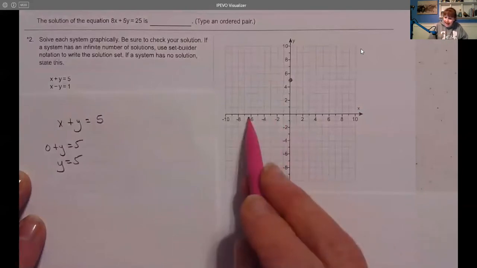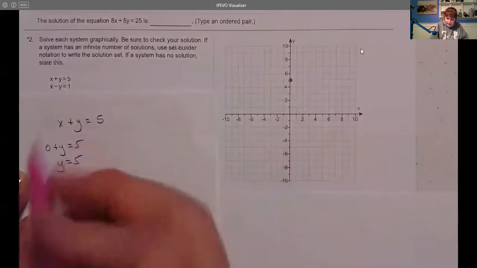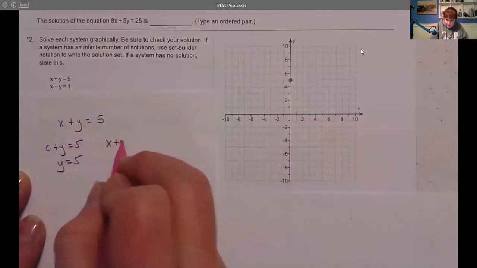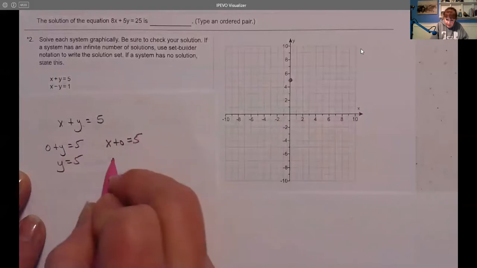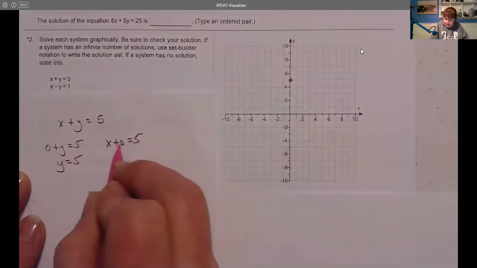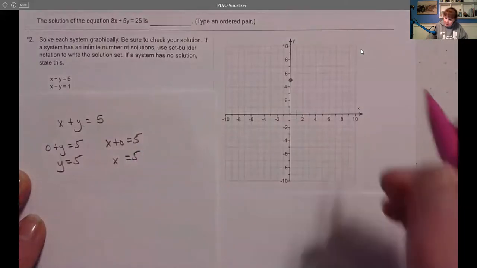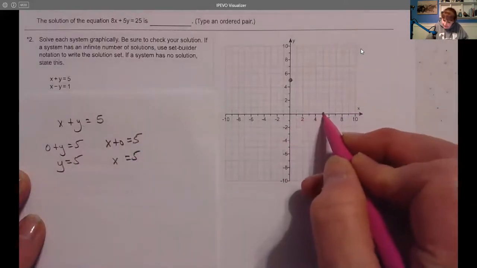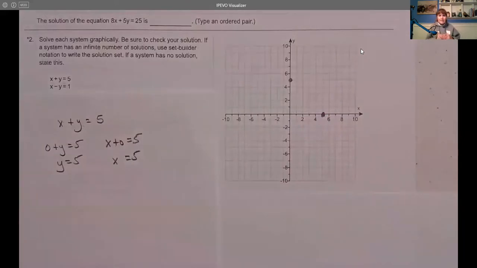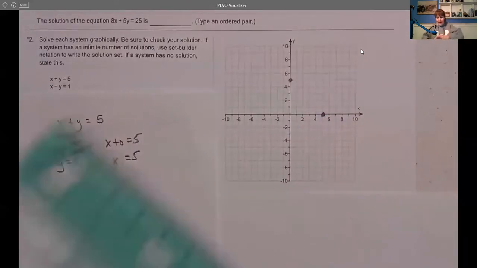Now, to find the x-intercept, where it hits the x-axis, y is 0. So x plus 0 is just x, so it's going to hit the x-axis at 5. We have our 2 points, so we can connect them up.